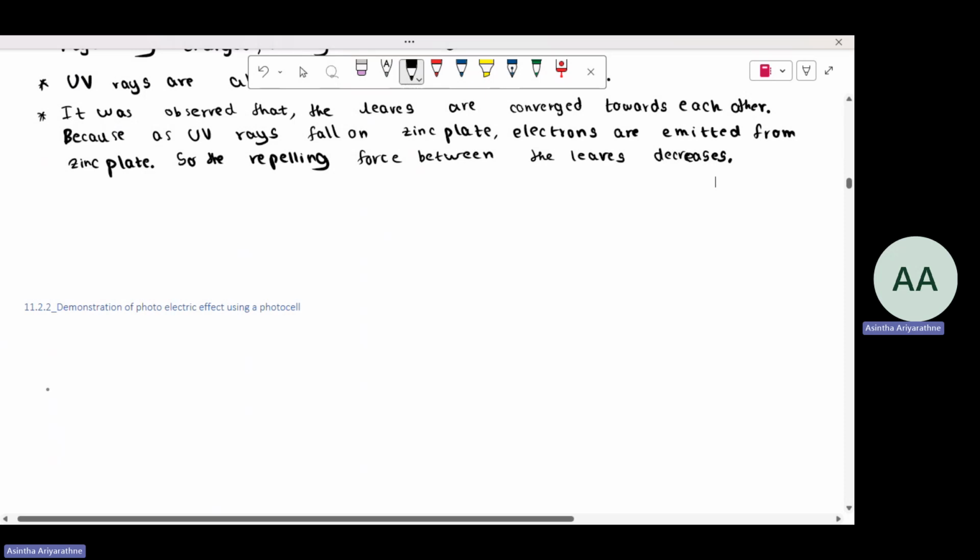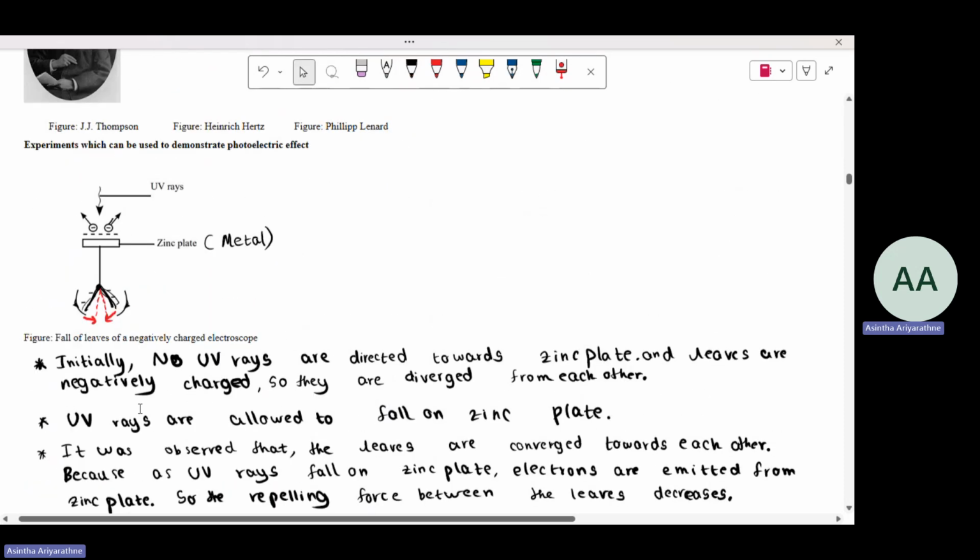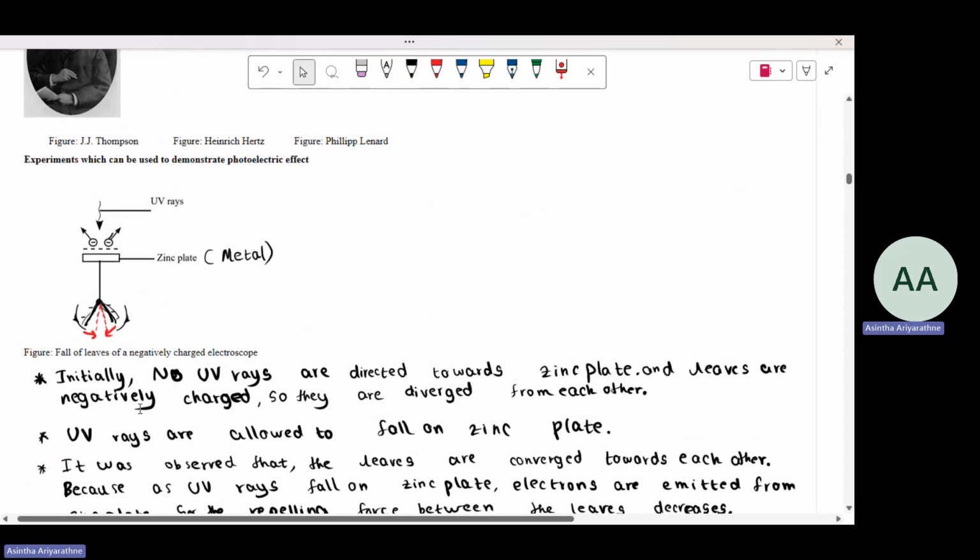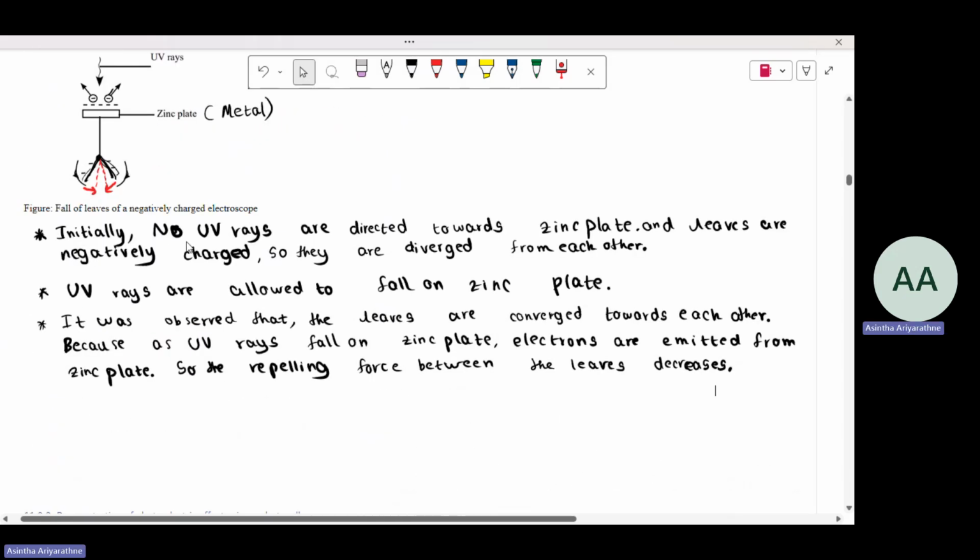This is a very simple method to measure the photoelectric effect: when a zinc plate or any metal is subjected to UV rays with sufficient frequency, electrons are emitted.